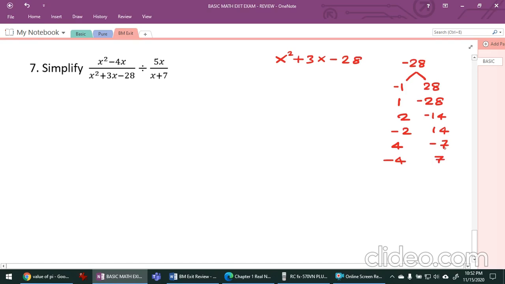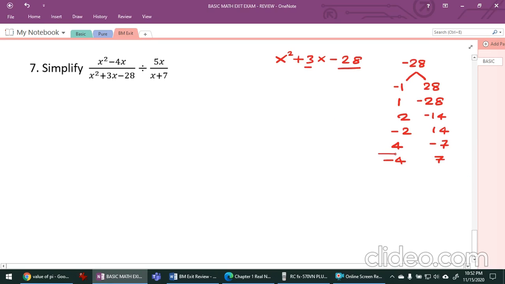We know that 4 into 7 is 28. Minus 4 into 7 is also minus 28. Now which one should I choose? I should get plus 3 when we add and minus 28 when we multiply. So plus 3 means the bigger number should be positive.